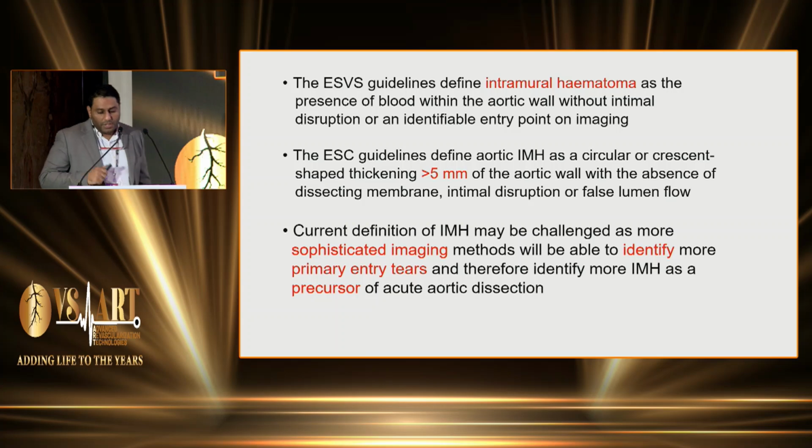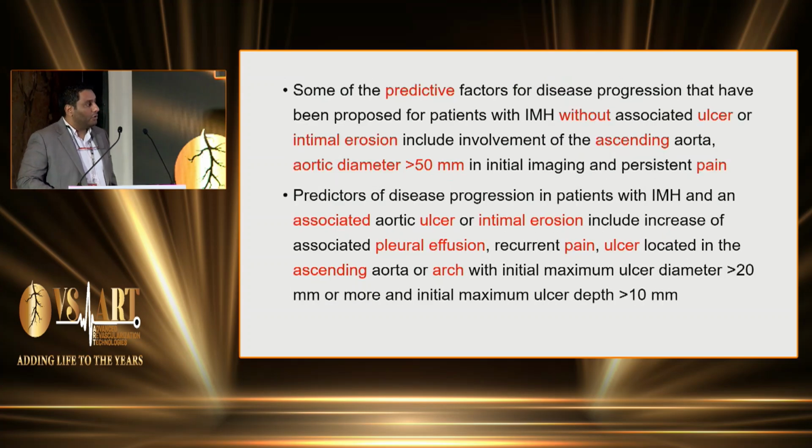We're moving to intramural hematoma as another pathology. We have a lot of definitions from ESVS and ESC, but the important thing is that with the more sophisticated imaging we have in hand now, we can identify more and more primary entry tears, which could be considered a precursor for acute aortic dissection.